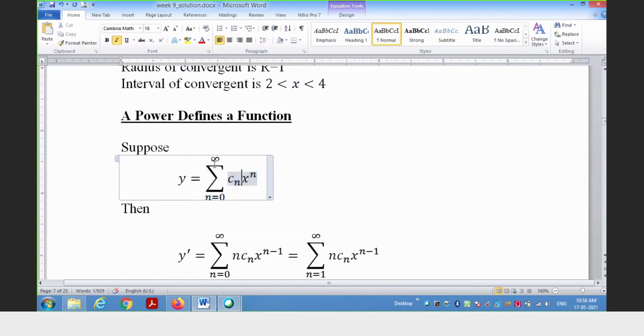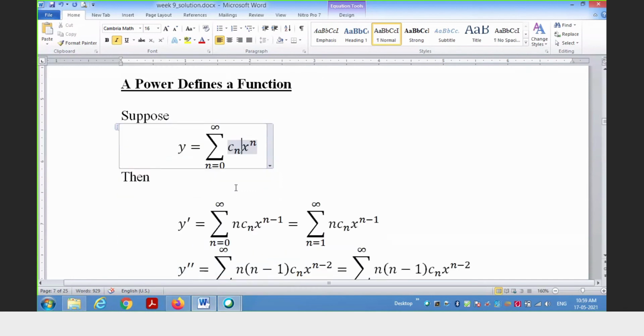Power series is a special kind of Taylor series. Now if the function y is defined as this power series, then y prime, the derivative of y, is dy/dx. So we need to find the derivative of this.